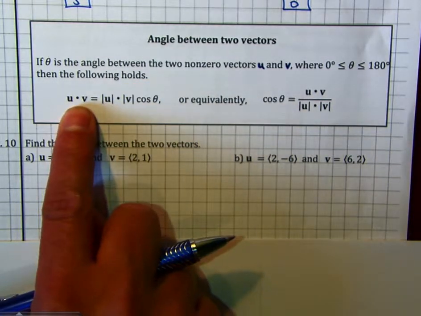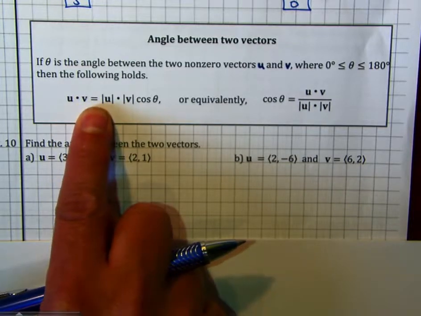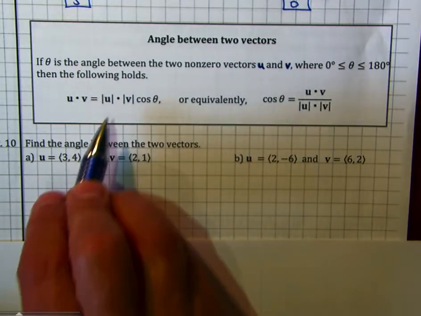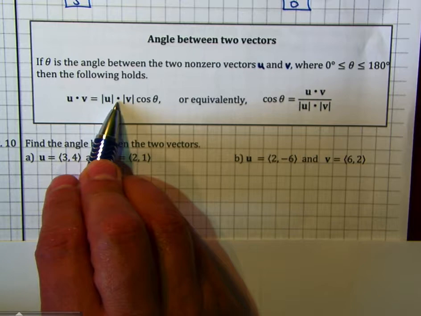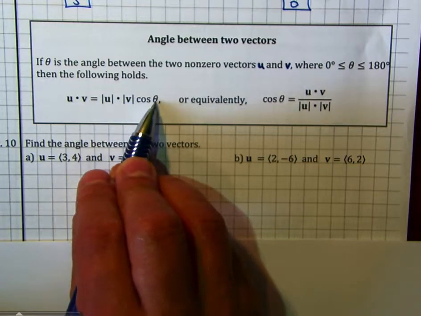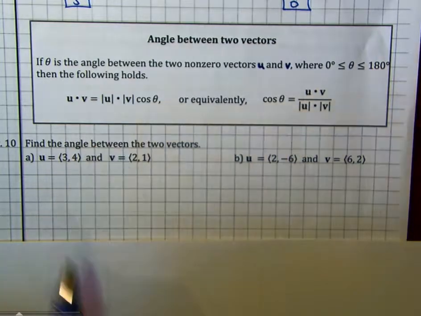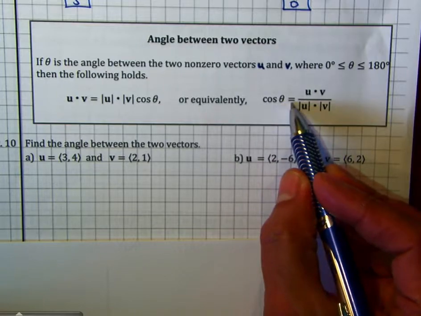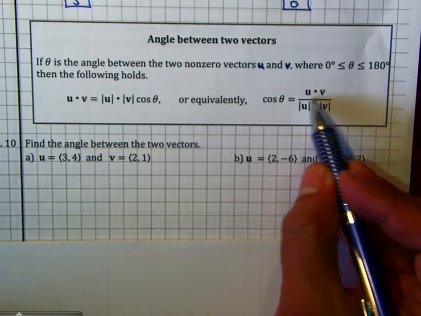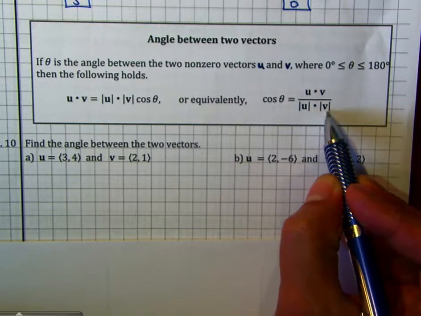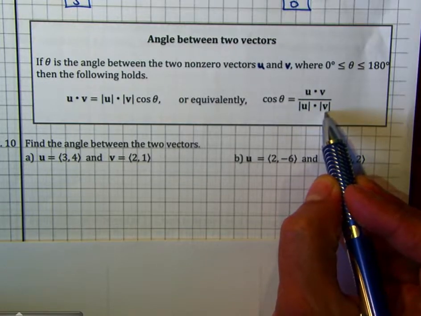The dot product will be equal to the multiplication of the magnitudes of u and v, and just be careful, in this case, this is a multiplication, and that is a dot, multiplied by the cosine of theta. Or we can write cosine of theta is equal to the dot product of both vectors over the product of the magnitude of each of the vectors.